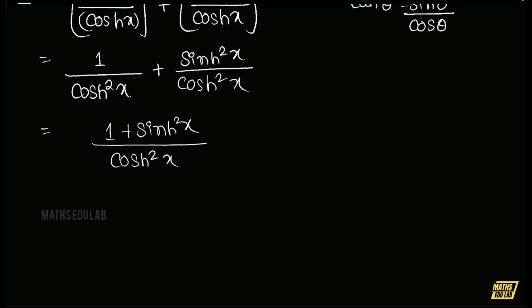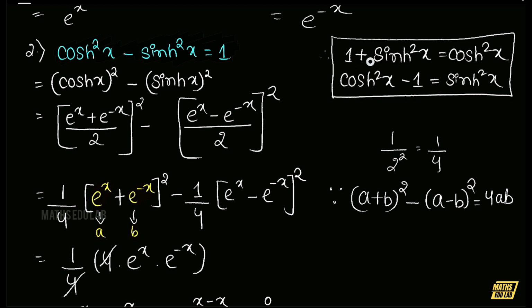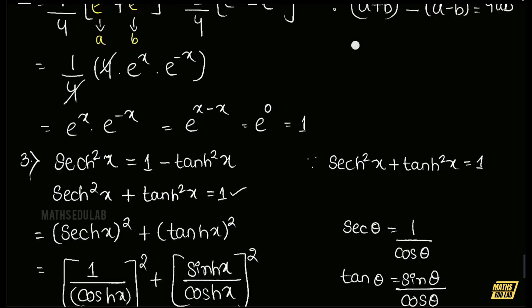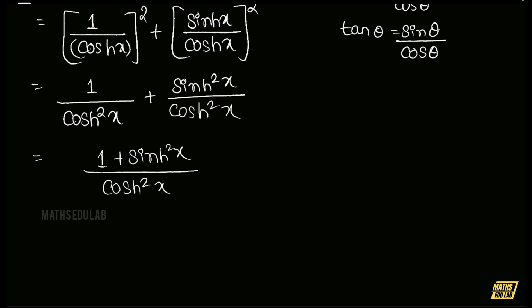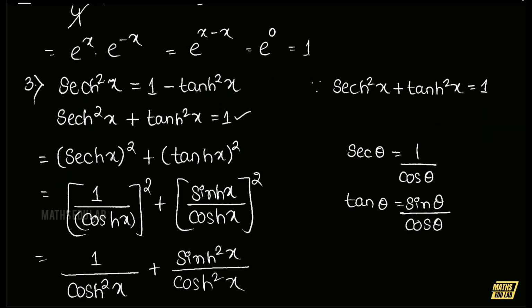As we know the formula which I have written here, 1 plus sinh square x is equal to cosh square x. So I can write this one as cosh square x upon cosh square x, which is equal to 1. So we got the value of the right hand side, which is 1. So this is one more hyperbolic functions identity.